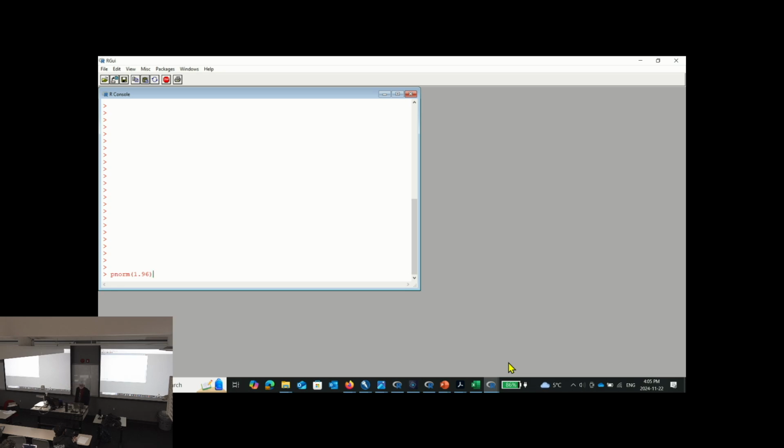And if this works right, and I haven't broken anything, I should get 0.975. Oh, look at this. It's got a little bit of extra on the end, the 0021. But to 3 decimal places, yes, 0.975. Okay, so what we've done is the p-norm is cumulative probability.